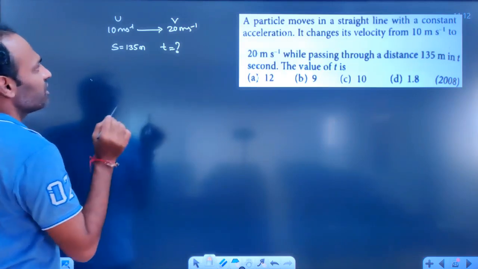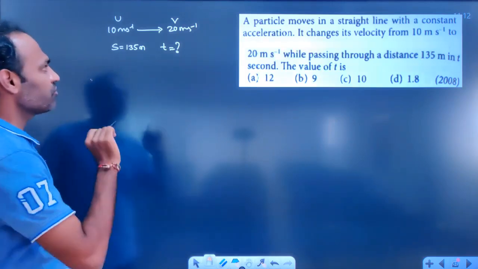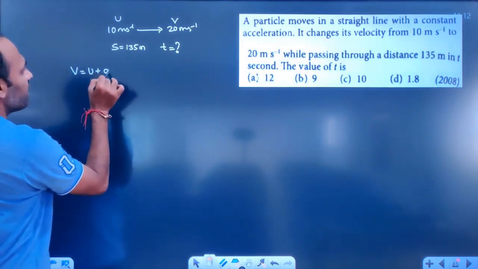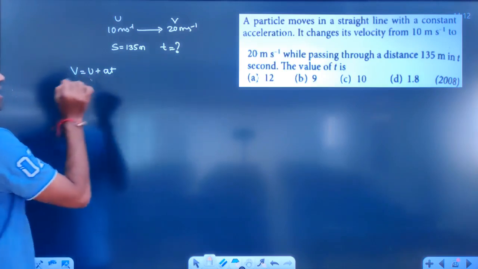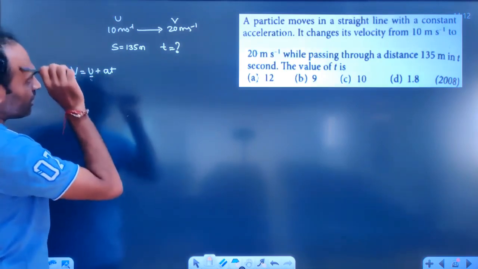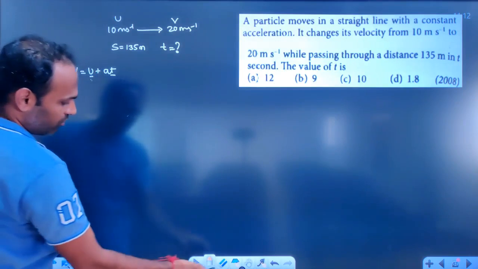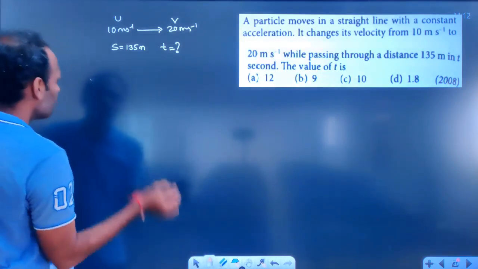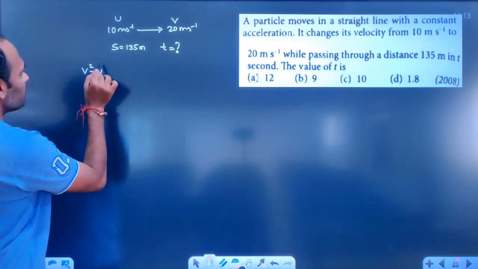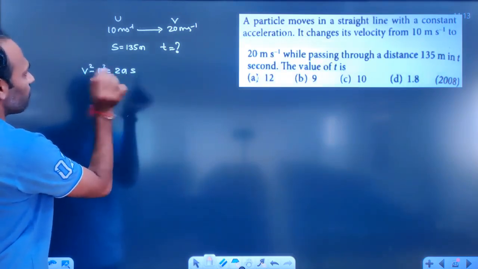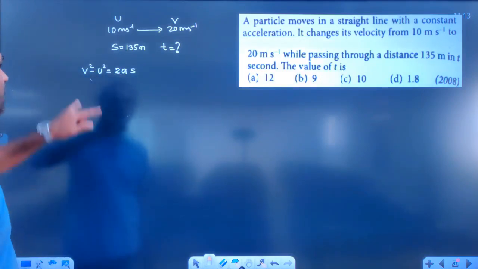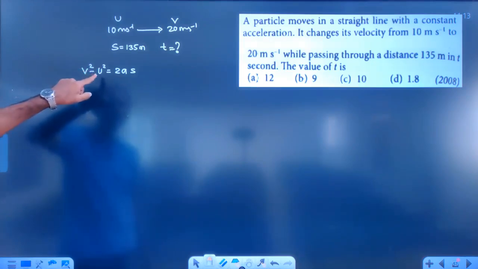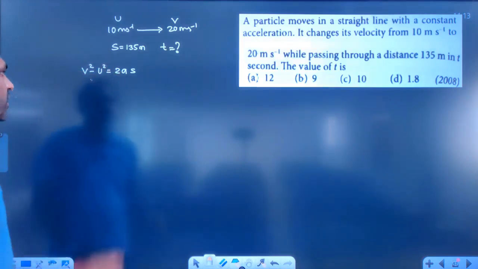So use the formula v square minus u square is equal to 2as, or v is equal to u plus at formula we can use. Choose the formula correctly. Here I know v, I know u, but I don't know t. So t is unknown, a is unknown, these two terms we don't know. So we cannot use this formula also. So we can use the formula v square minus u square is equal to 2as. If we use this, we know the v value, the u value, and the s value. So I can calculate a here.